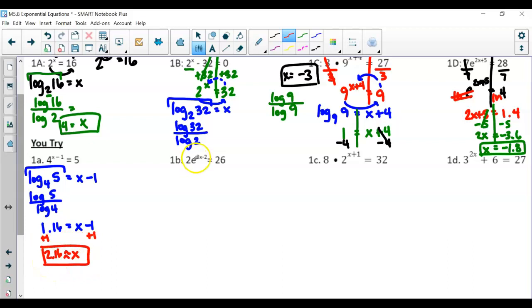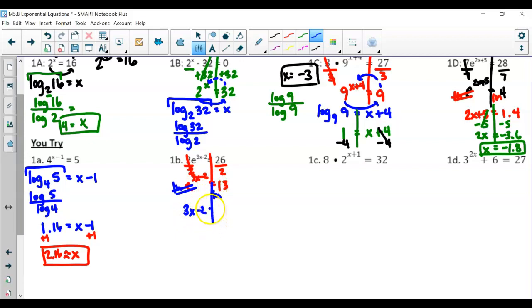So then here, now the exponential was not by itself, being multiplied by 2. So you need to divide by 2 first. So e to the 3x minus 2 is now equal to 13. So now here, when we had e, well, what's the inverse of e? ln, the natural log here. So canceling out, bring down the exponent, 3x minus 2.